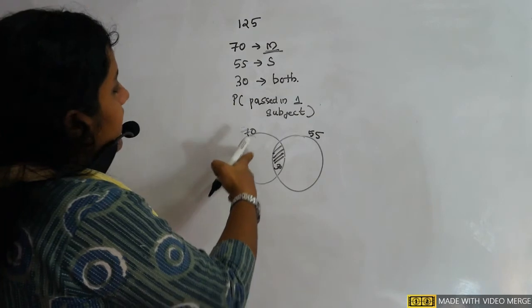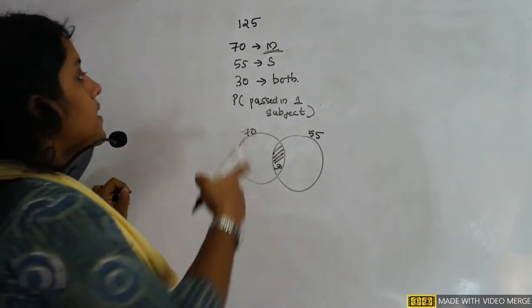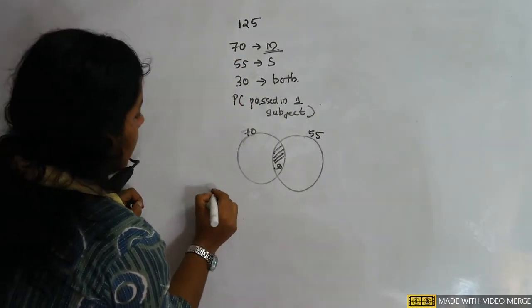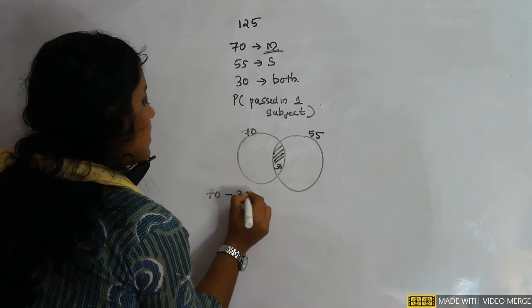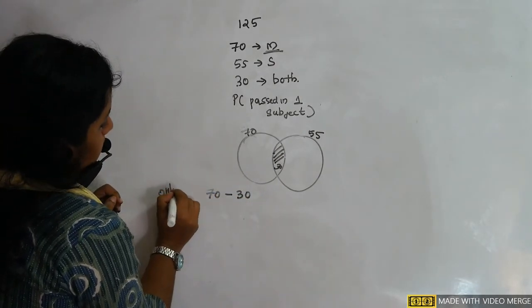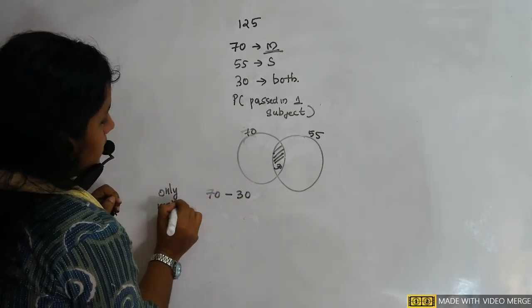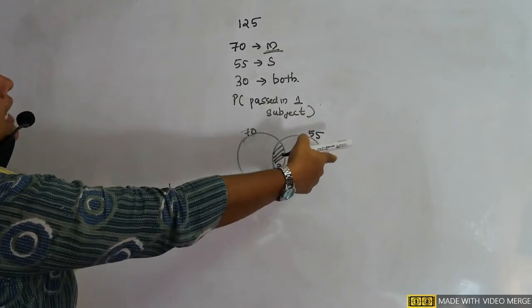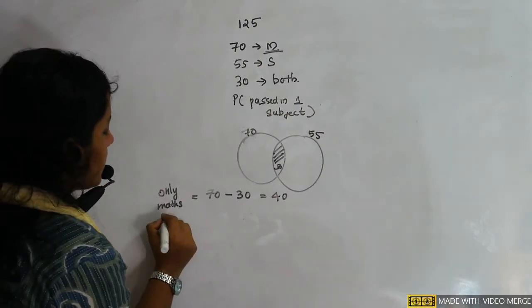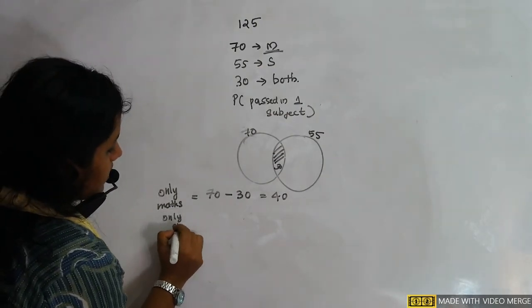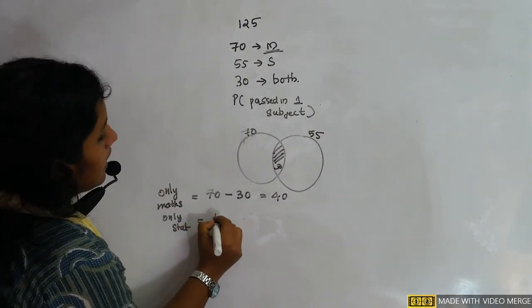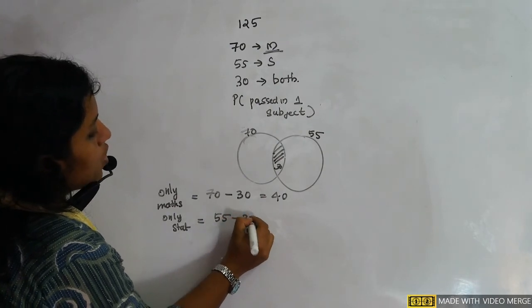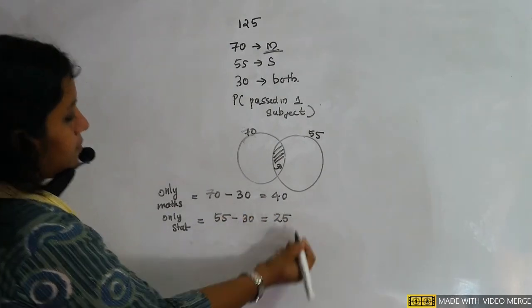Only in mathematics means 70 minus 30, which is 40. Only in statistics means 55 minus 30, so that will be 25.